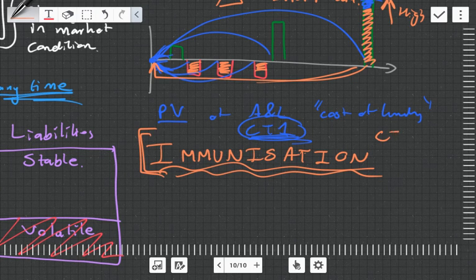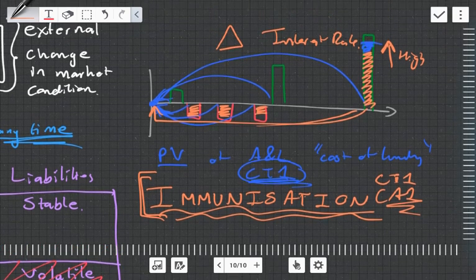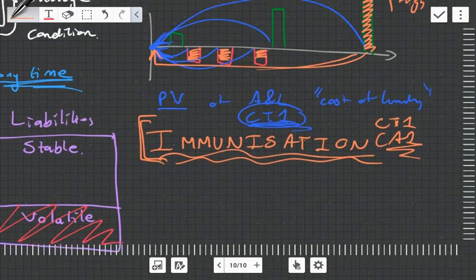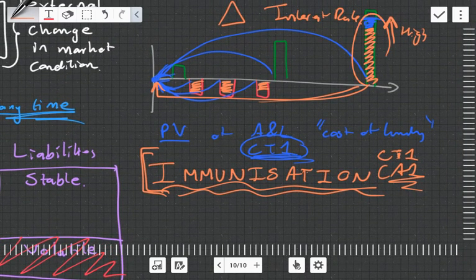But I mean, that is very much subject CT1, and I guess CA1 as well looks at immunization. But the fact of the matter is that if you do have a liquidity problem under a stressful situation, it might be smart to trade out this long-term asset over here for another short-term or short-dated asset in order to deal with changes in interest rates.